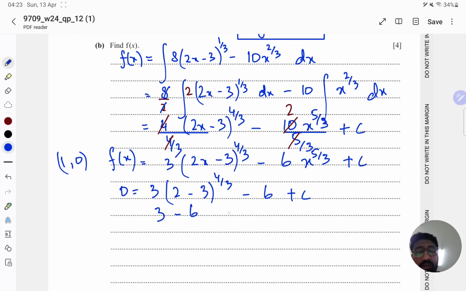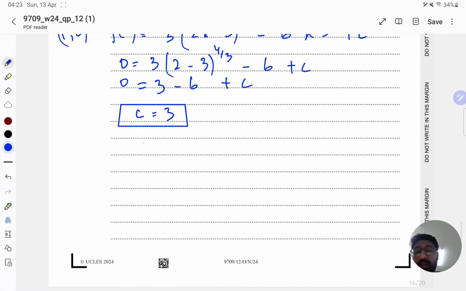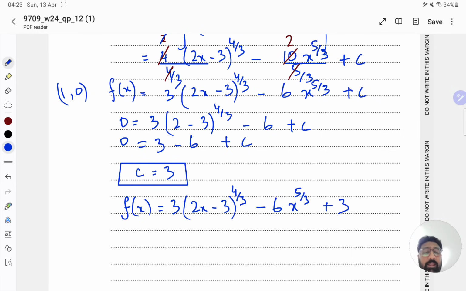So 3 minus 6 plus c equals 0. So the value of c minus 3 plus 3, the value of c will be 3. So the function in the end, the function f of x will be 3 bracket 2x minus 3 to the power of 4 by 3 minus 6 x power 5 by 3 plus 3.